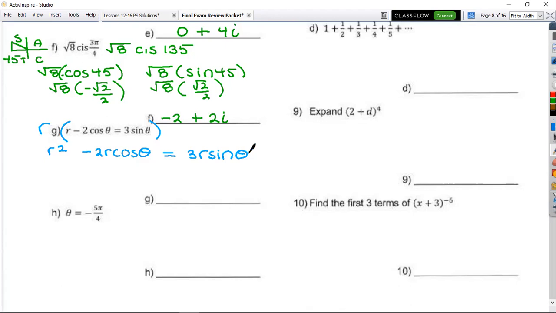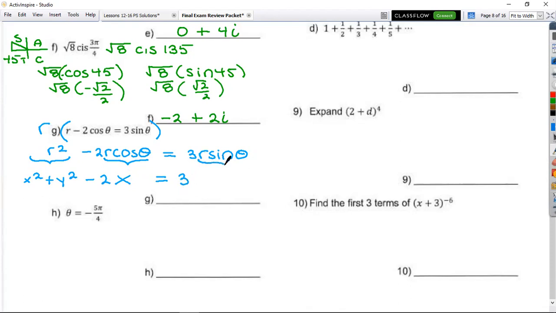Then you're done. So R squared off your formula sheet would be equivalent to X squared plus Y squared, minus 2. And then R cos theta, you just did that a ton above, is X. And then 3.